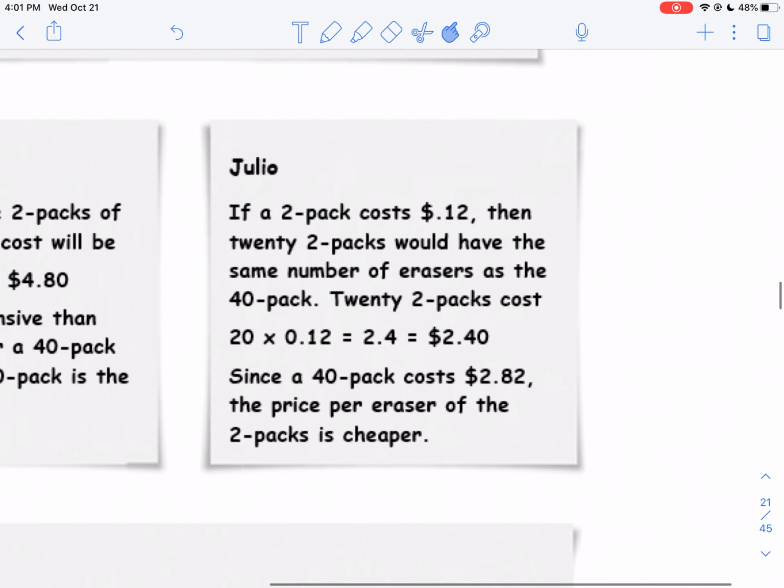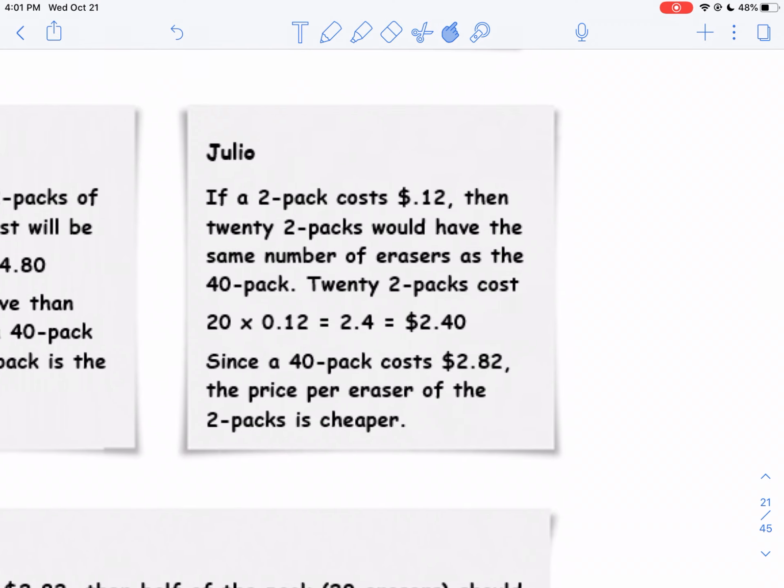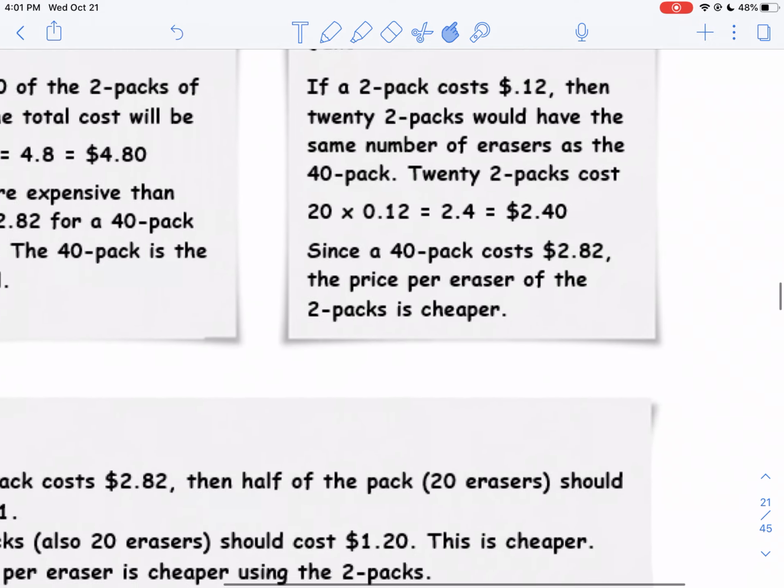So Julio says, if a 2-pack costs 12 cents, then 20 2-packs would have the same number of erasers as the 40-pack. 20 times 12 cents equals 2.4, or $2.40. So since a 40-pack costs $2.82, the price per eraser of the 2-pack is cheaper.